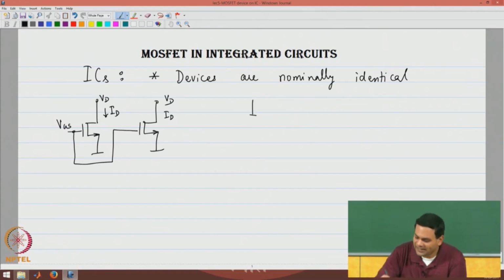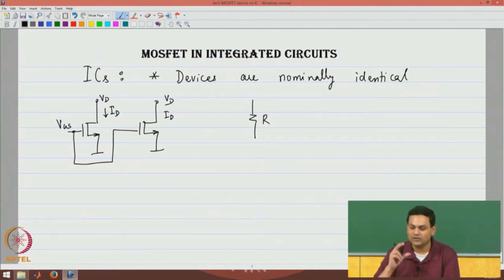Similarly, if I take two resistors and they are the same type of resistors on the integrated circuit, I use the same material to create the resistor. Remember that a resistor can be created in many different ways on an integrated circuit. I can use a piece of polysilicon, I can use a metal, I can use a lightly or strongly doped piece of silicon.